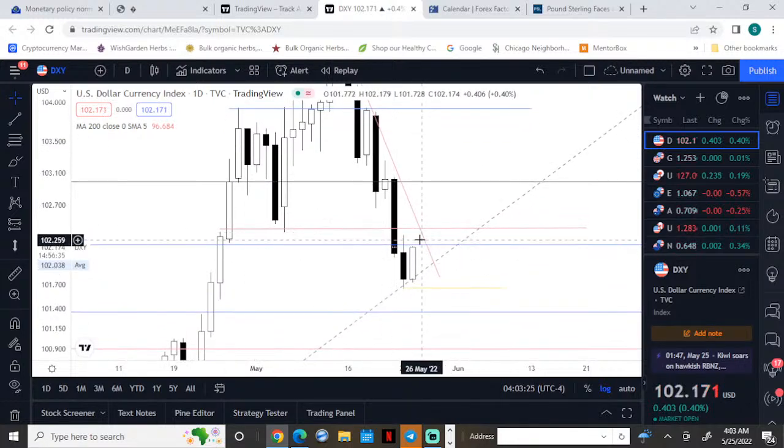Look at it right now. This is our daily candle. It's 4 o'clock in the morning, okay? This daily candle started yesterday at 8 p.m. Eastern Standard Time. So it's been going on for a good 8 hours.